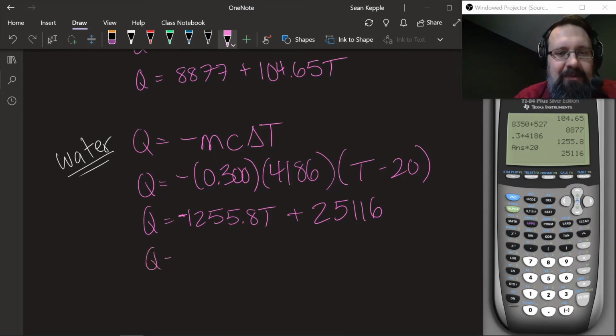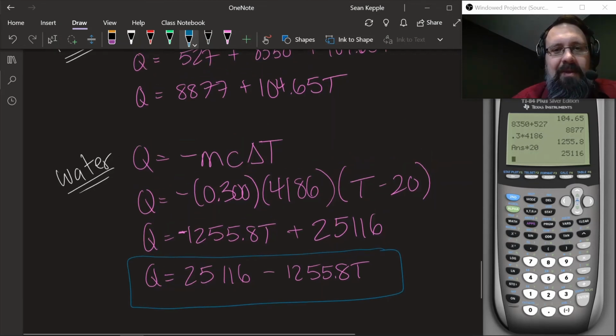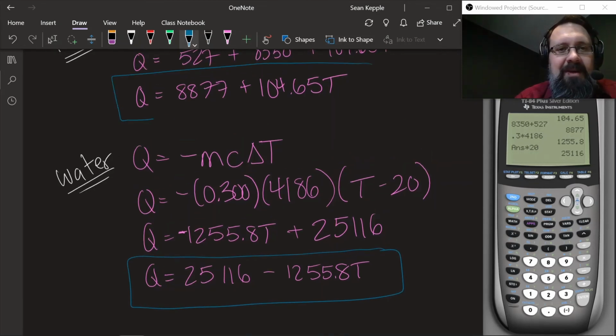So we're going to have Q equals 25116 minus 1255.8 T. And so now we know that this amount of heat that the water lost is equal to this amount of heat that the ice cube gained. And so now we need to equate these to each other. So just need to make these guys equal to each other.